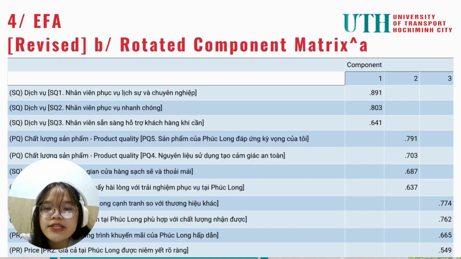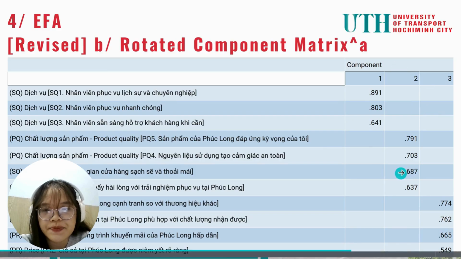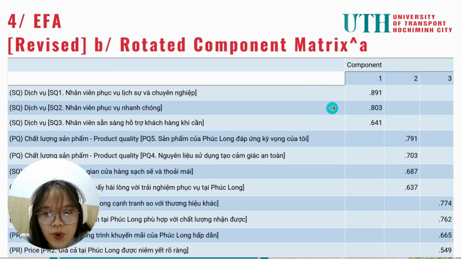The revised rotated component matrix produced a clearer three-component structure, as you can see. SQ1, SQ2, and SQ3 loaded strongly on component 1. The items mainly represent the employee-related aspects of service quality, including professionalism, service speed, and customer support.